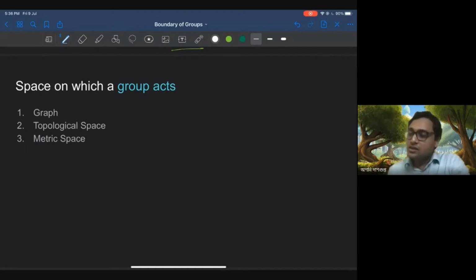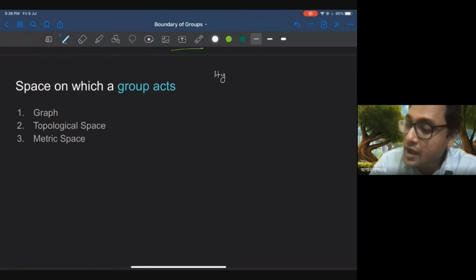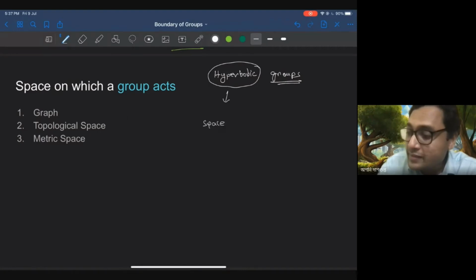Okay, so as I was saying, we started with the notion of hyperbolic groups, and we first said what it means to say hyperbolic: a space with thin triangles. Example 3, hyperbolic surfaces.